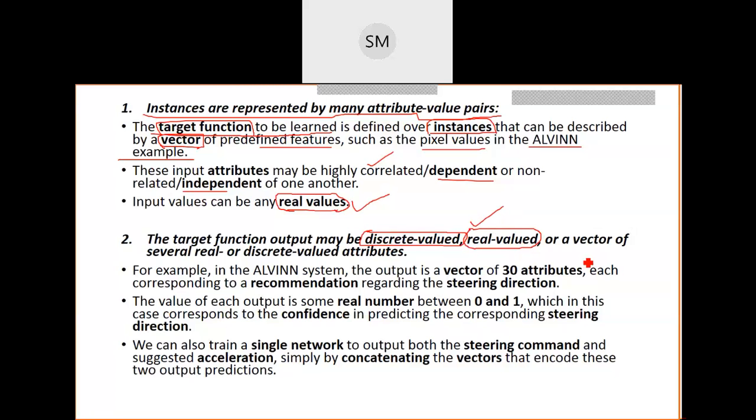And similarly, the output may be a vector of real as well as discrete valued attributes.